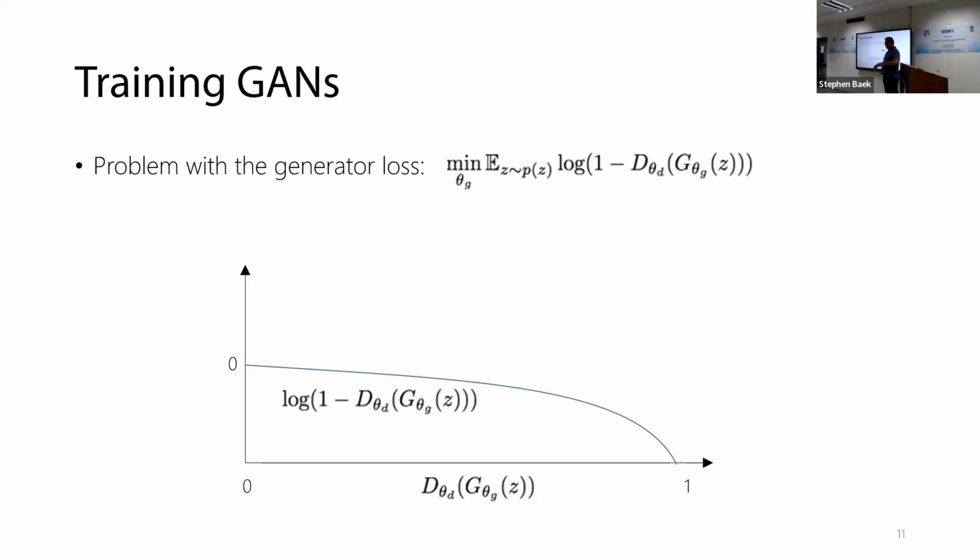My favorite analogy is teaching a student or raising a kid. When you are not very good at something, your teacher barely gives you feedback because the slope is almost flat, and that means there's almost no feedback going to the student.